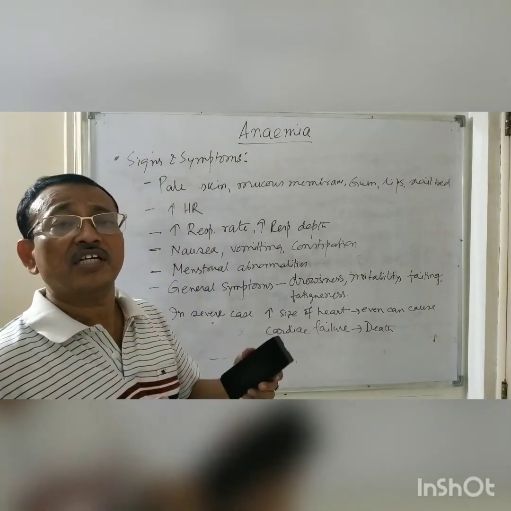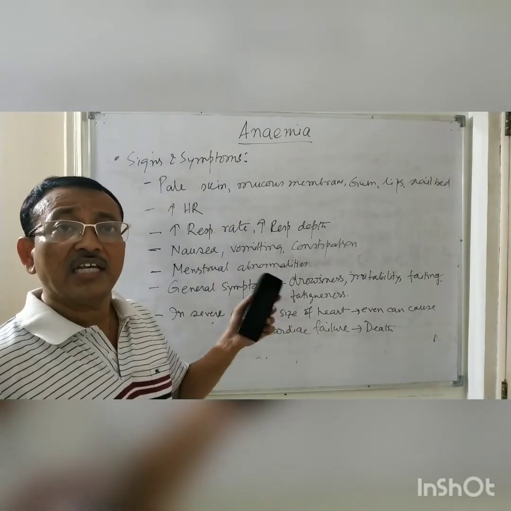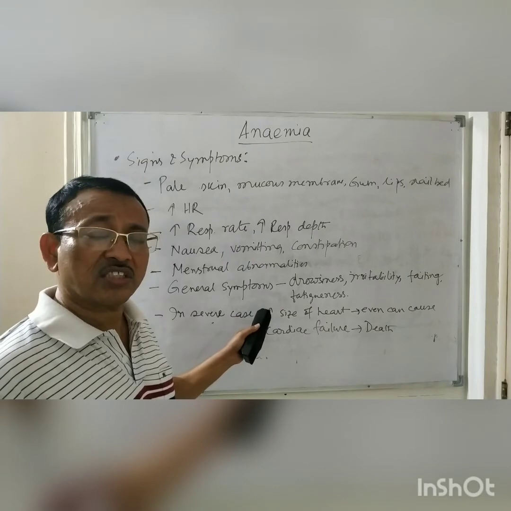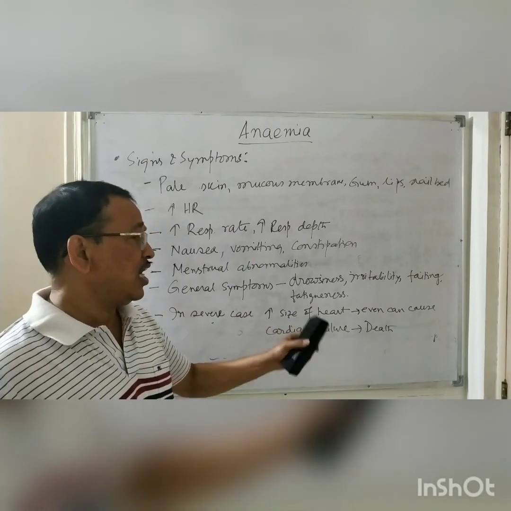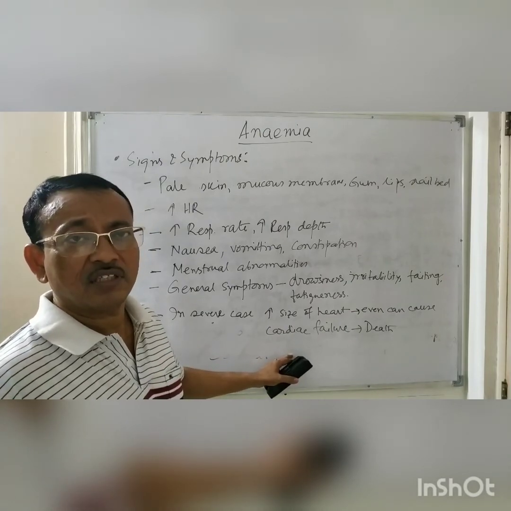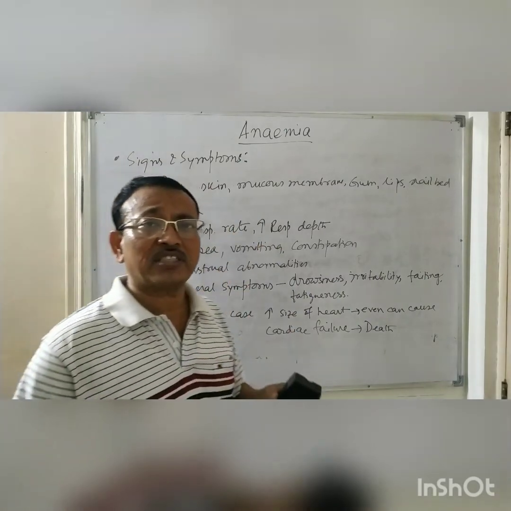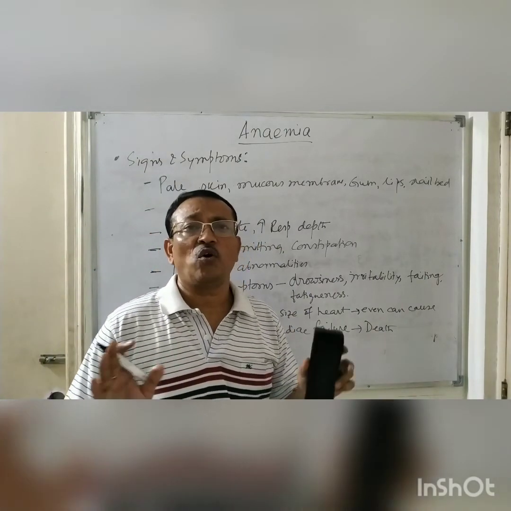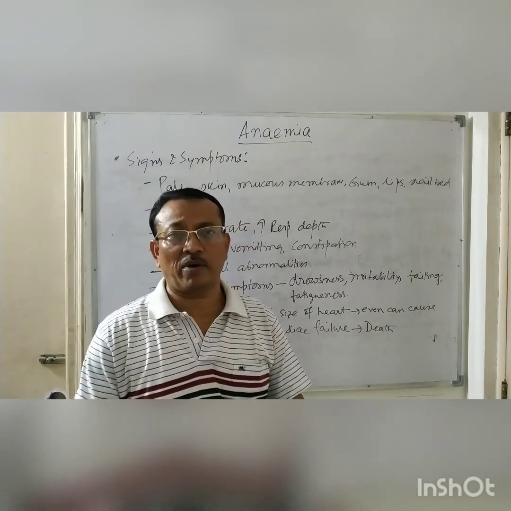We do not give that much attention to anemic patients, but in case of severe anemia, the person can even die because of cardiac failure. So this should be kept in your mind. So these are the different signs and symptoms of the anemia, on which basis we can identify whether the person is suffering from anemia or not.